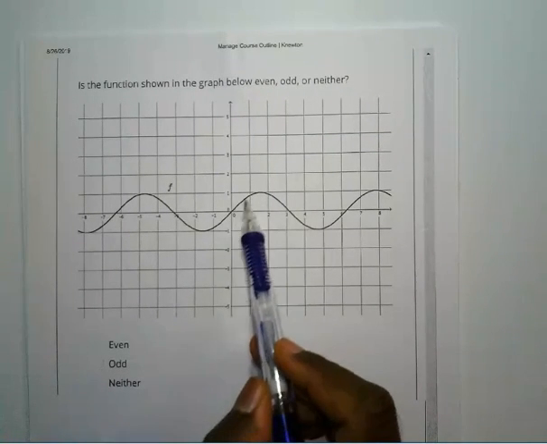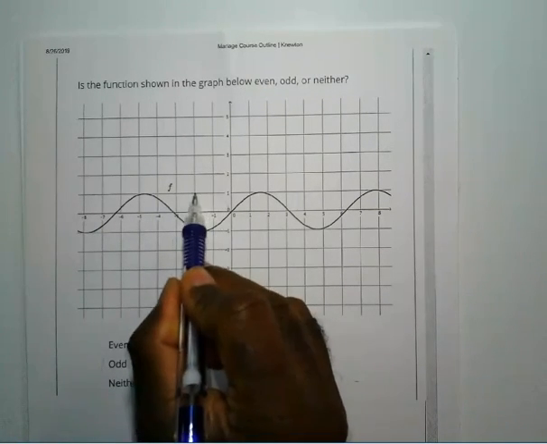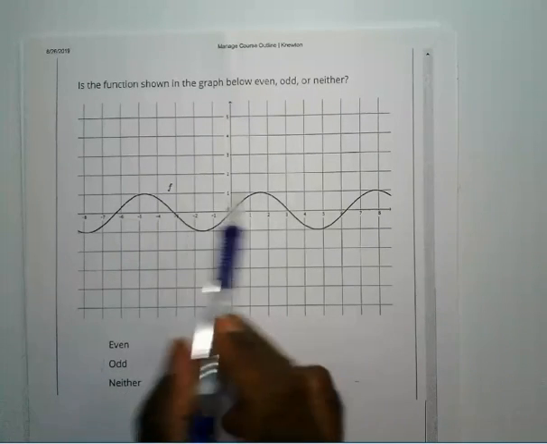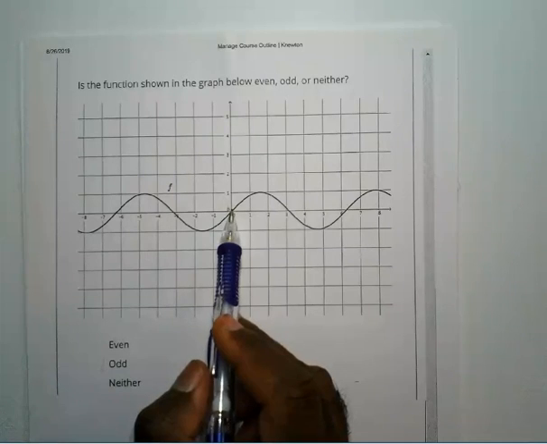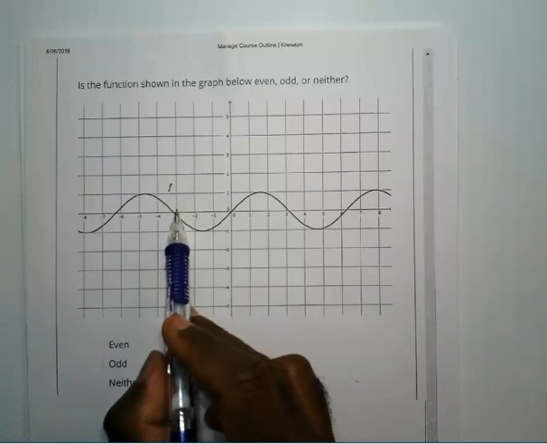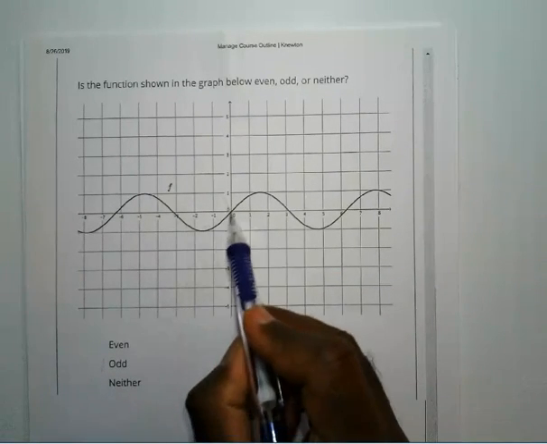If you look at this portion here, this doesn't go like that. So you know it's not even. It's not a mirror image on both sides. But if you look just at this portion here, you notice if you mirror it across the y-axis, and then flip it across the x-axis, it picks up on the graph here.